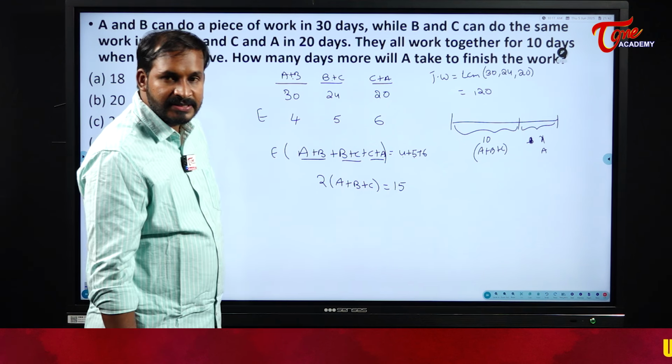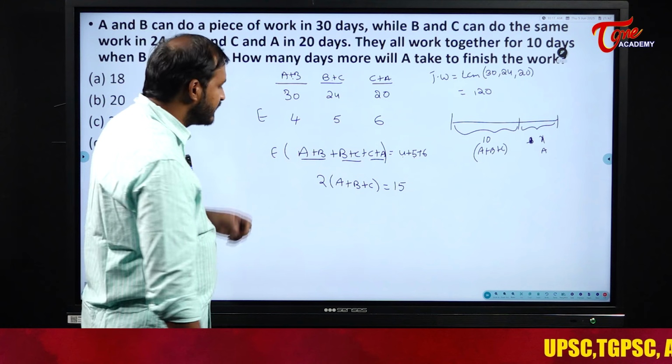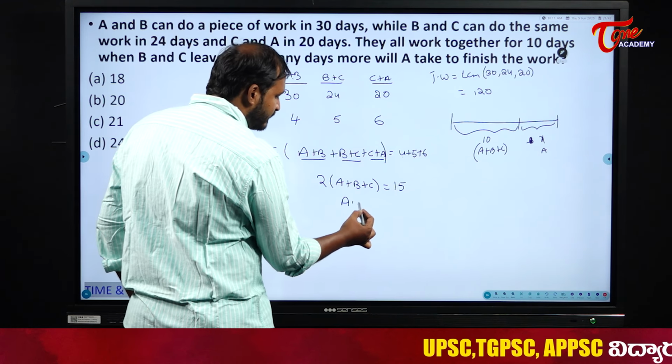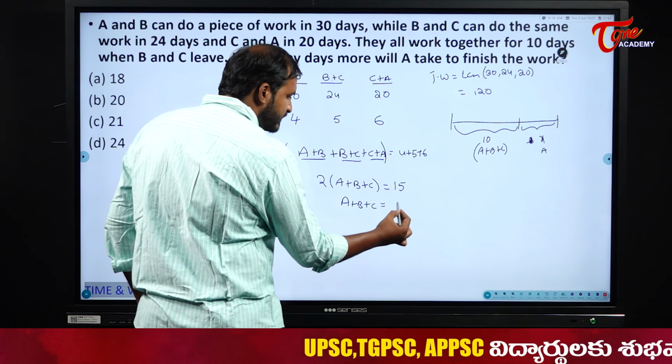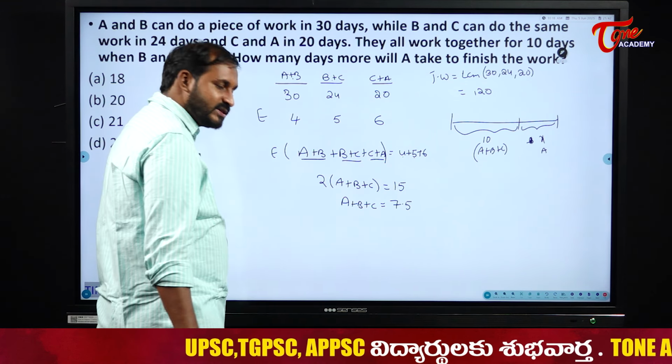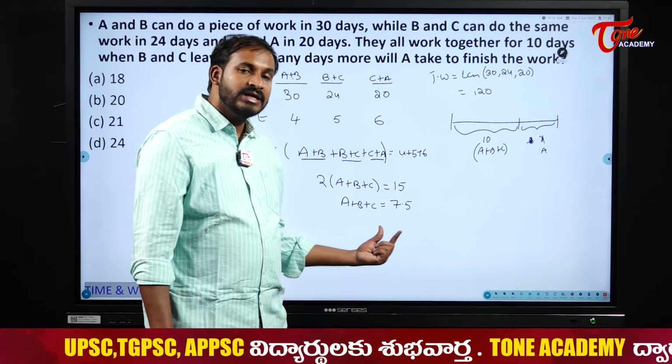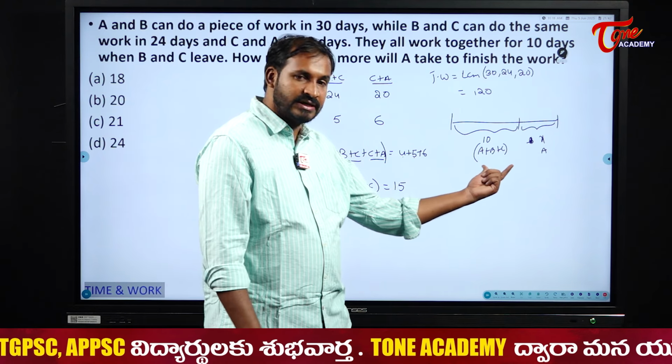Right? 2 times of A plus B plus C is 15. Now tell me, what is their combined efficiency of A plus B plus C? It is 7.5, right?